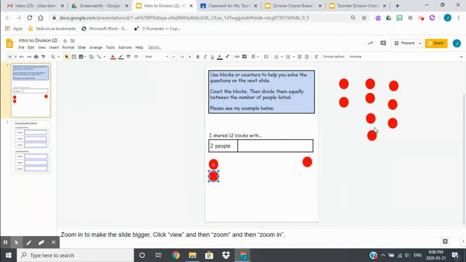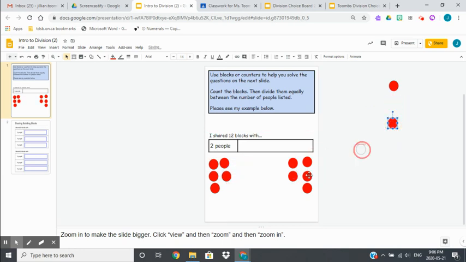Person 1, person 2, person 1, person 2, person 1, person 2, person 1, person 2. Okay. Oh, I only have 2 left. Perfect. 1 for person 1, and the last one goes to person 2.